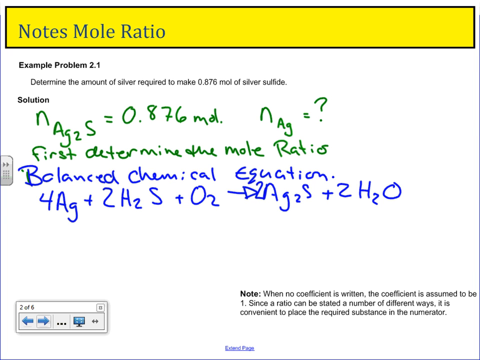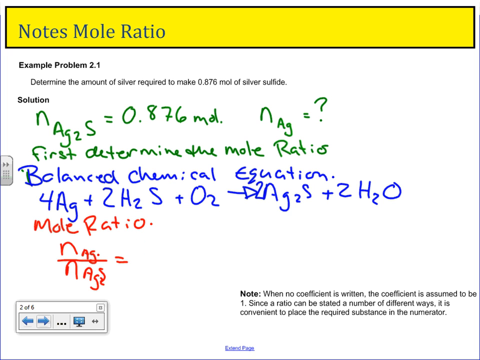So we need to do our mole ratio. Our mole ratio is what is required, in this case Ag, over what we're given. We're given Ag2S.